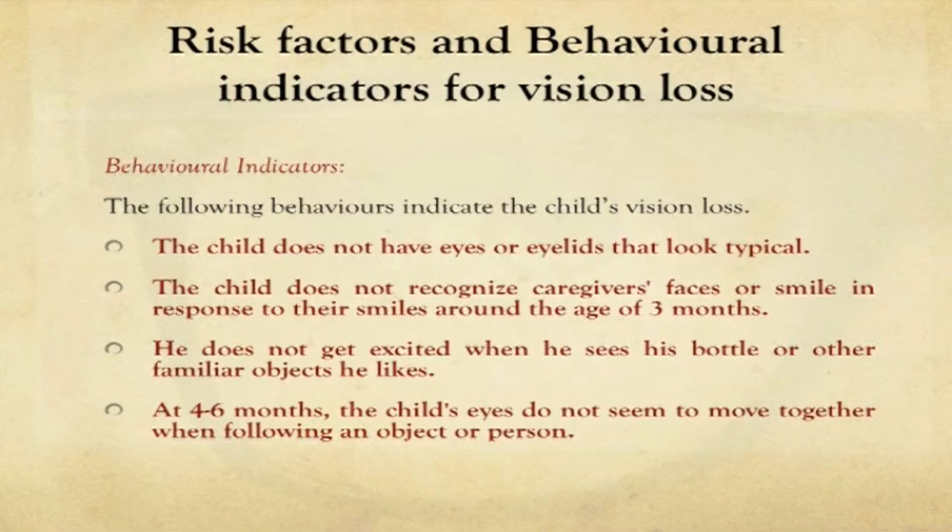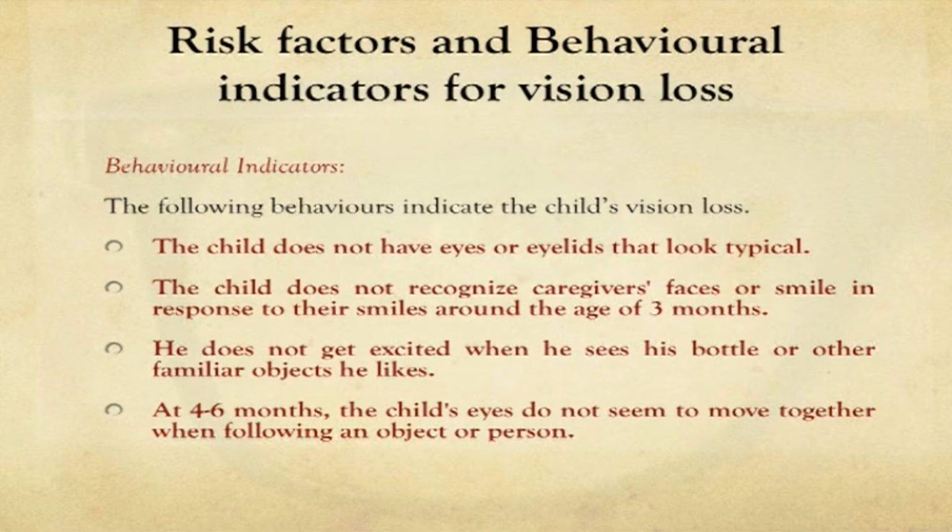Behavioral indicators. The behaviors which indicate a child's vision loss are: the child does not have eyes or eyelids that look typical. The child does not recognize the caregiver's face or smile in response to their smiles around the age of 3 months. He does not get excited when he sees his bottle or other familiar objects he likes.